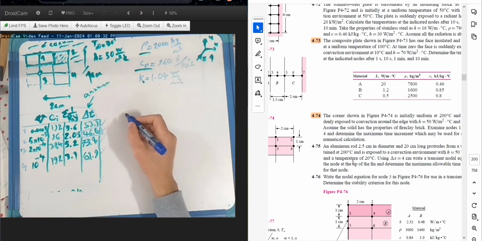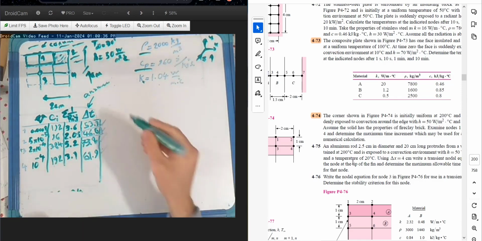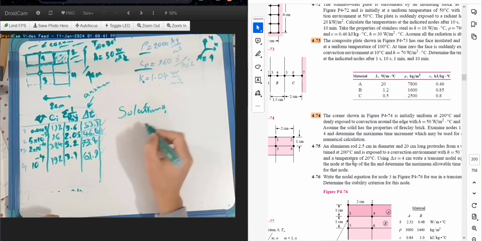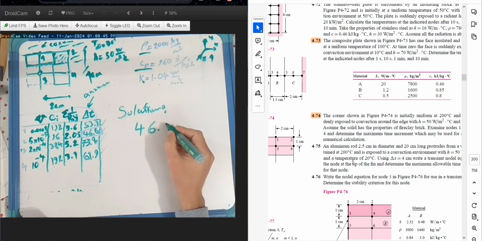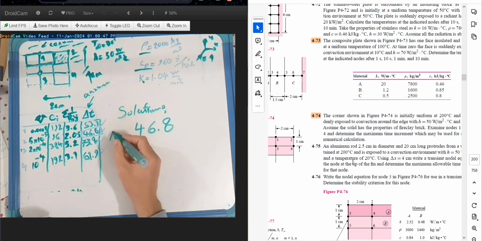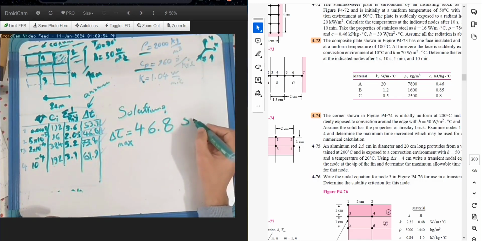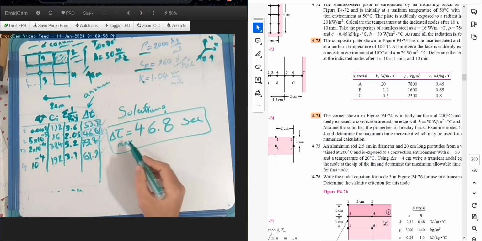So the answer of this problem is: delta T max is 46.8 seconds. The value of delta T shouldn't be more than this value. Okay.